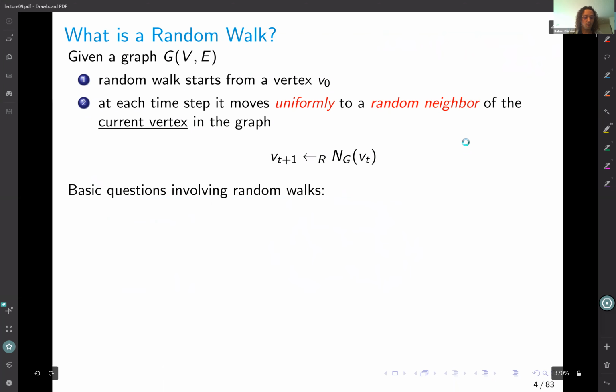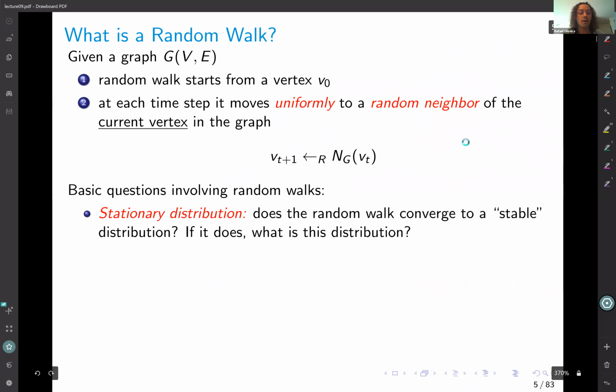So what are the basic mathematical questions that we want to study involving random walks? The first is the stationary distribution. We may not be able to tell, given a time t, what vertex I will be at at time t, because this is a random variable.